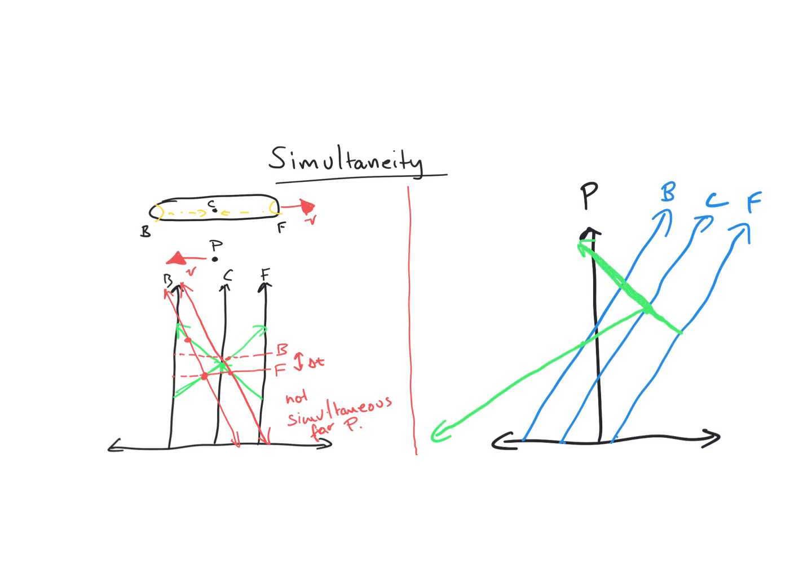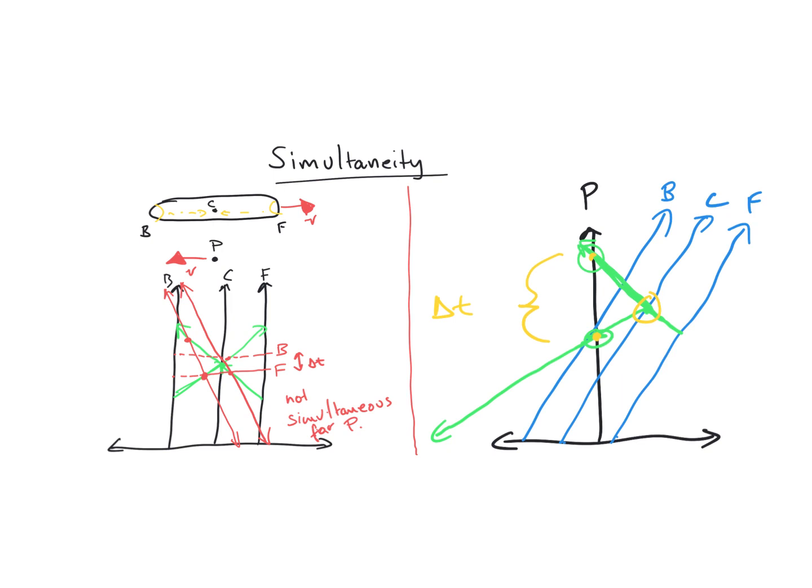In this reference frame, the light will intersect P here and intersect P here, and that will once again show that we have some sort of difference in time. Even though it's simultaneous in C, it remains not simultaneous for P. And in this case, P sees the light from the back of the train first, and then sees the light from the front of the train a little later on.